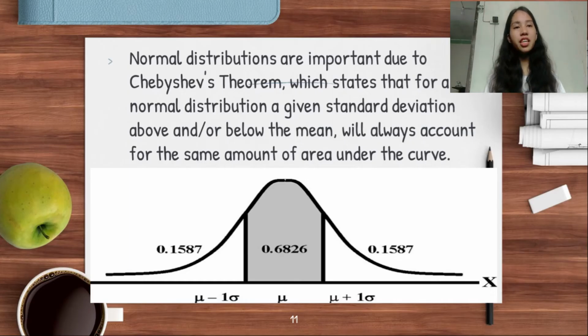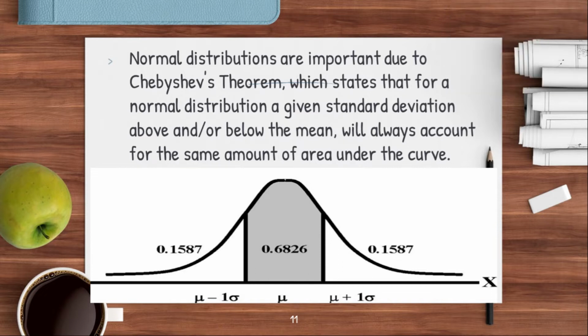Normal distributions are important due to Chebyshev's theory, which states that for a normal distribution, a given standard deviation above and/or below the mean will always account for the same amount of area under the curve. Let me explain. Take a look at the picture below. The shaded area represents the total area that falls between 1 standard deviation above and 1 standard deviation below the mean.